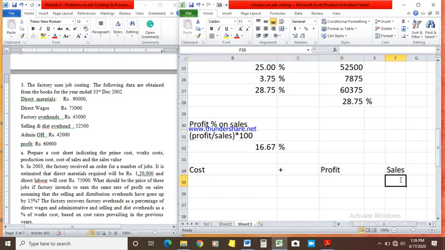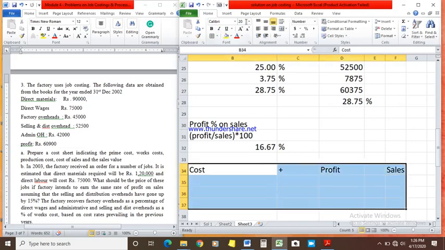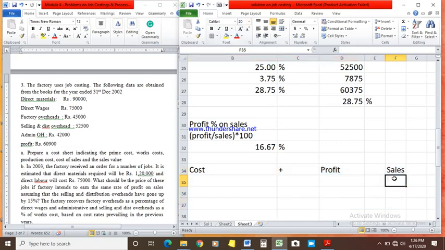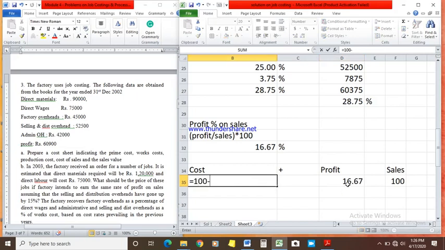Now if sales is considered as 100, profit is 16.67, then the cost is going to be 100 minus 16.67, which is 83.33.